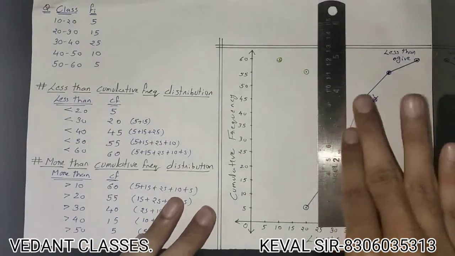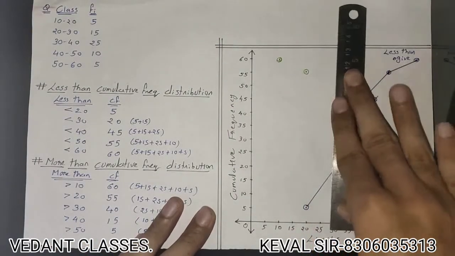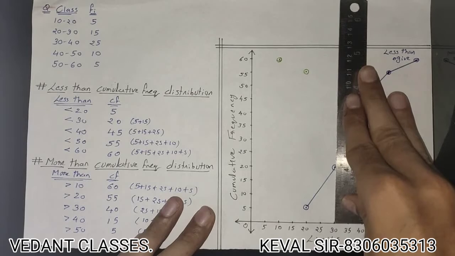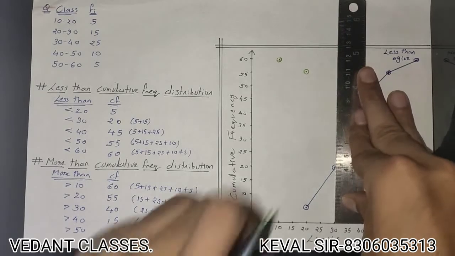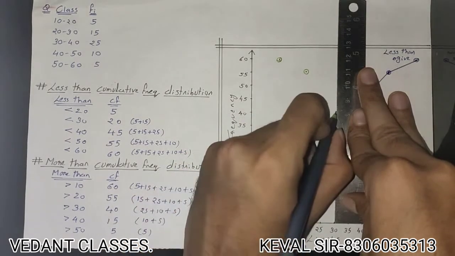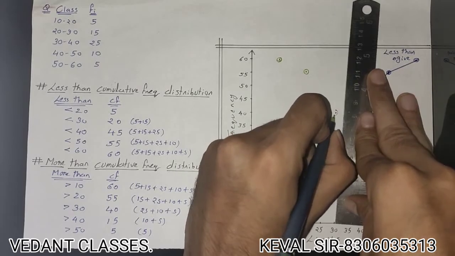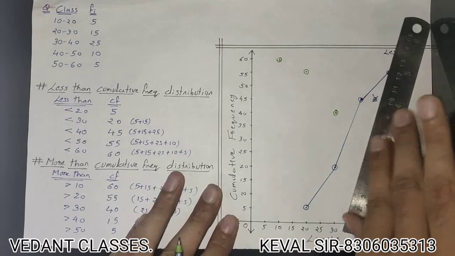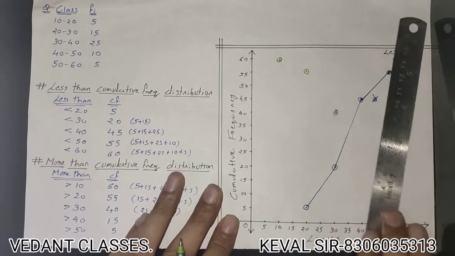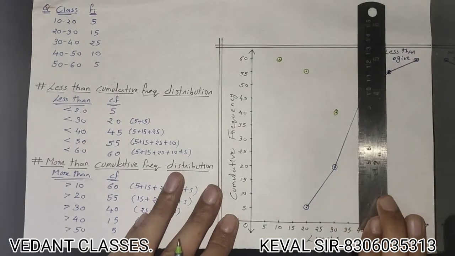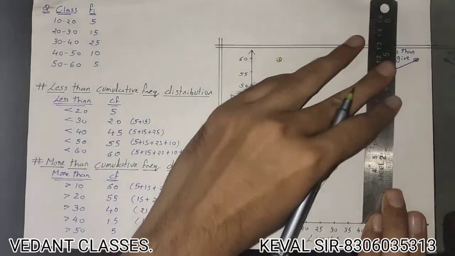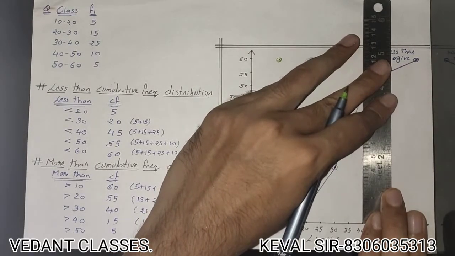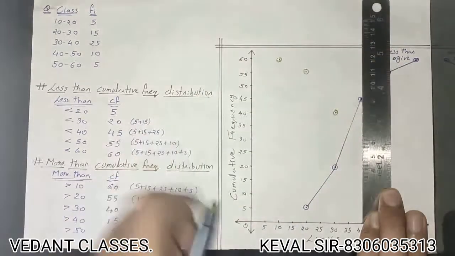Then for the 30 it will be 40. So 40 is over here. Then for 40 it will be 15. So let's plot it for the 15.